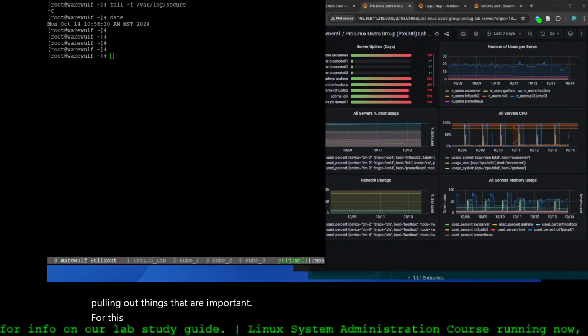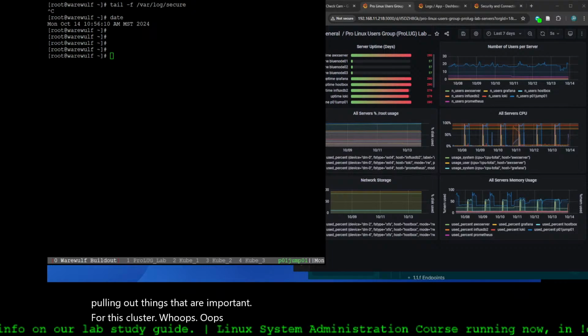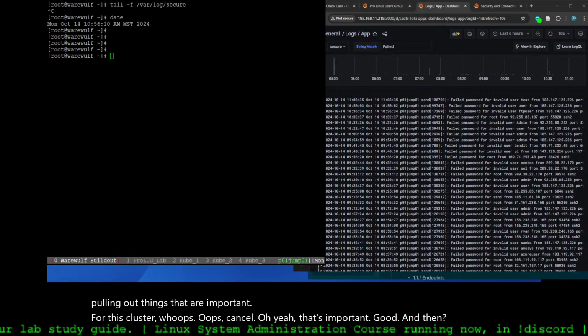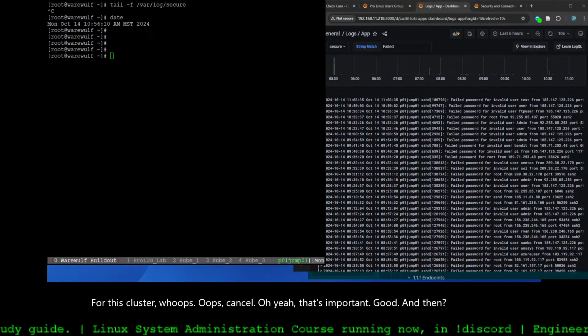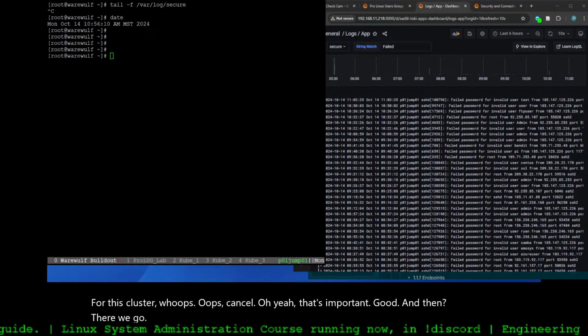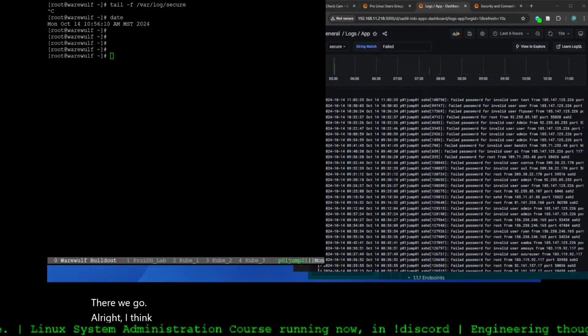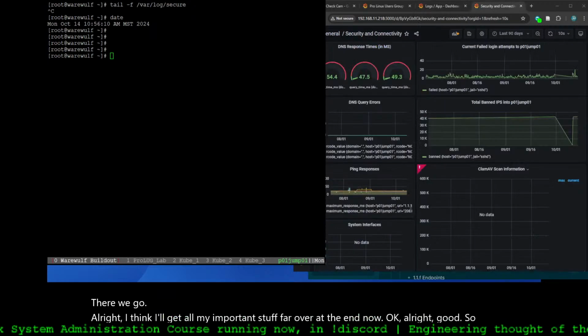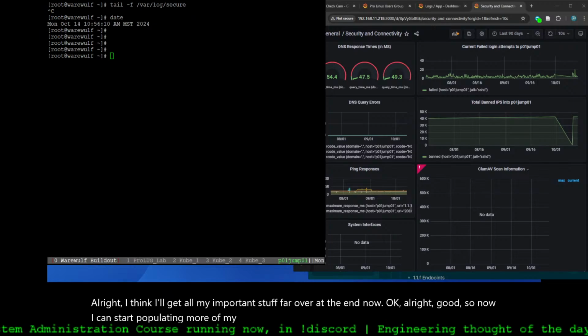Oh yeah, that's important. Good. All right, I think I've got all my important stuff far over at the end now. Okay, good. So now I can start populating more of my documents that I'm working on.